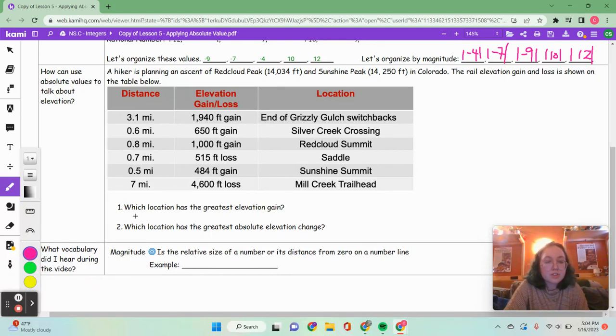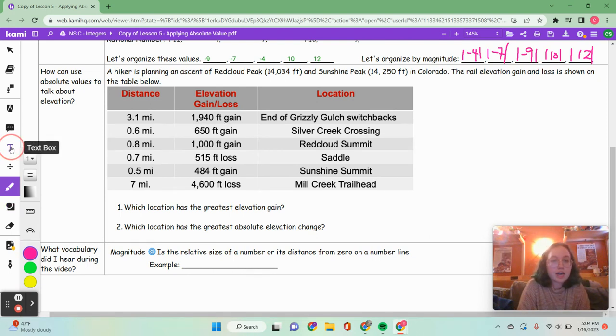So, first, we're trying to find the location that has the greatest elevation gain. So here I'm only looking at the ones that say gain, and I'm trying to look at the greatest one of those. So this one's a gain, that one's pretty low, this one's a gain, that one's significantly higher, this one's lower than 1,000, but our largest elevation gain is 1,940.